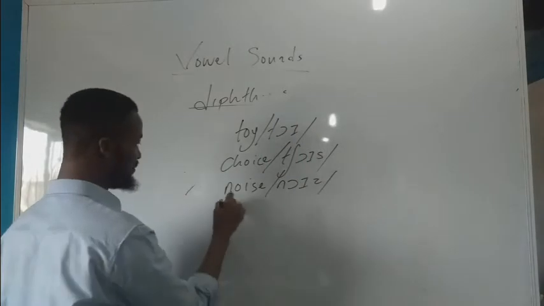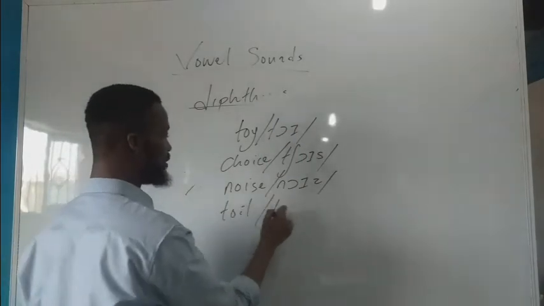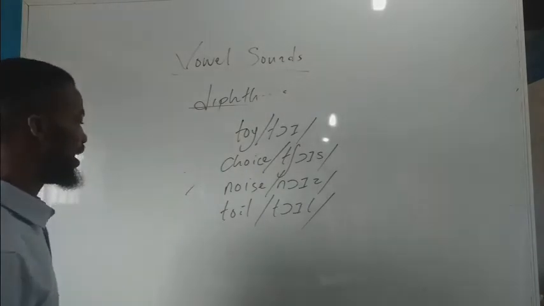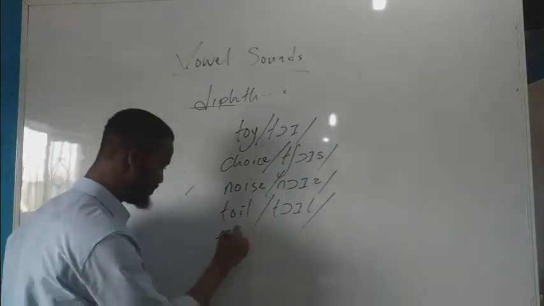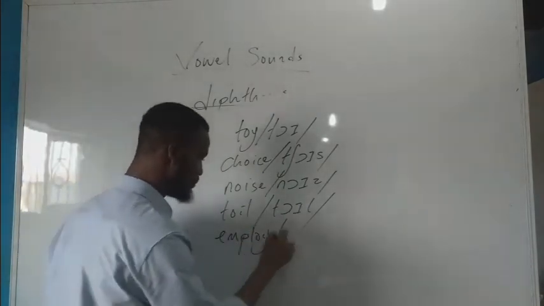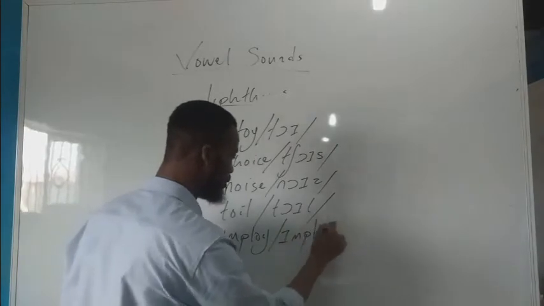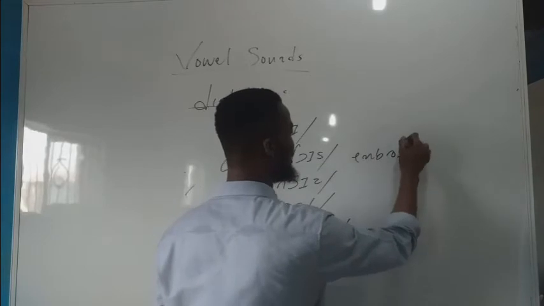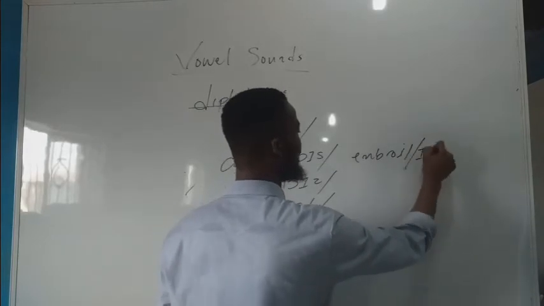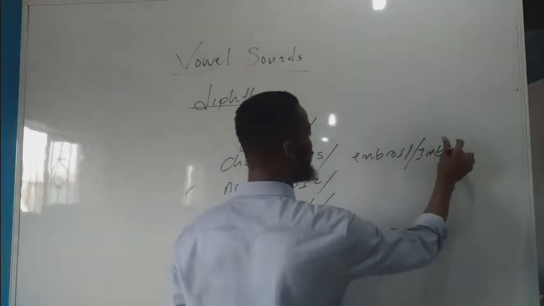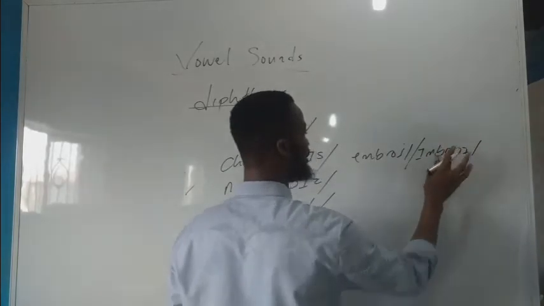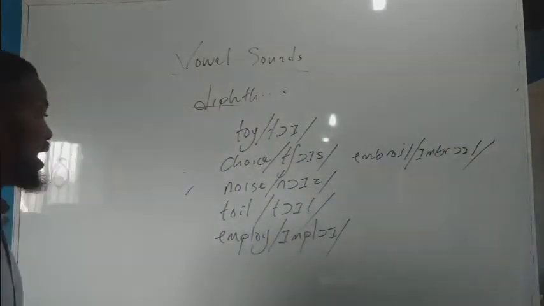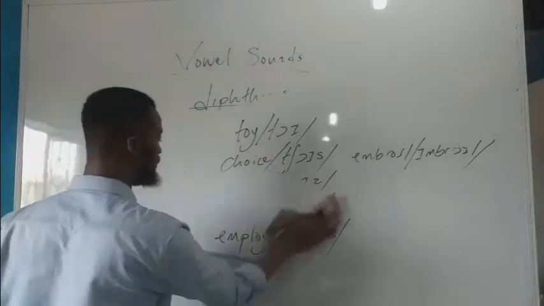TOIL is pronounced as toil. This is common with oil, any form of oil. EMPLOY is pronounced as employ. EMBROIL is pronounced as embroil. So it's very easy to identify these sounds. Oi, I, A.